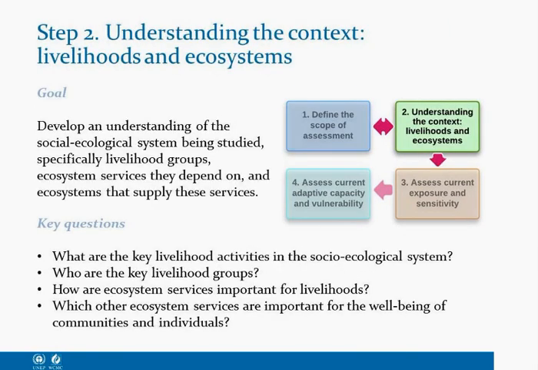Step number 2, this is one of the steps where systematically considering ecosystems is really important. So this step is about understanding the context and focusing especially on livelihoods and ecosystems.